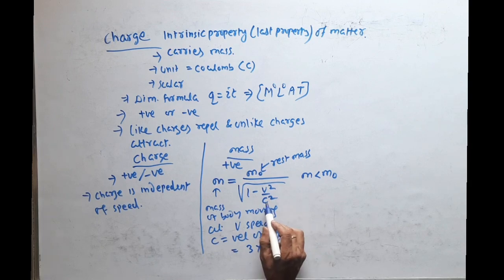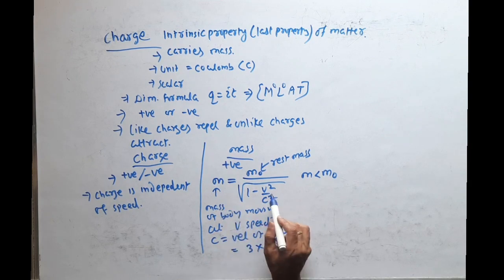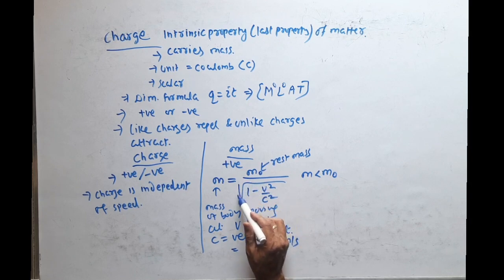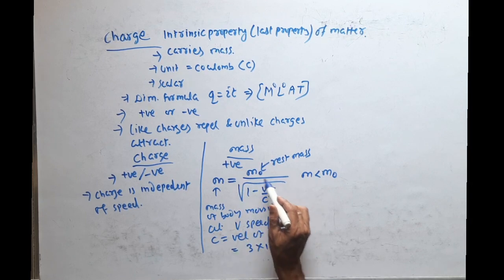That is very high speed. So if a body is moving with this v, and you take the ratio v square by c square, it is always less than 1 because c is very large. V is just 60 km per hour, 20 km per hour, like that. So v is very, very small than c. So v square by c square is very, very small than 1. So 1 minus something, you will get the denominator less than 1.